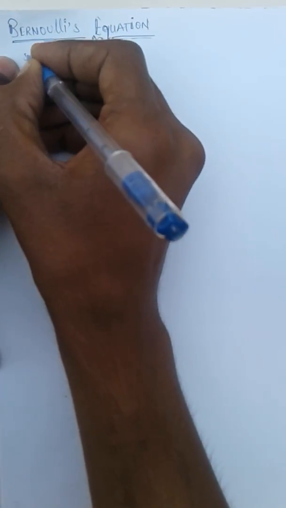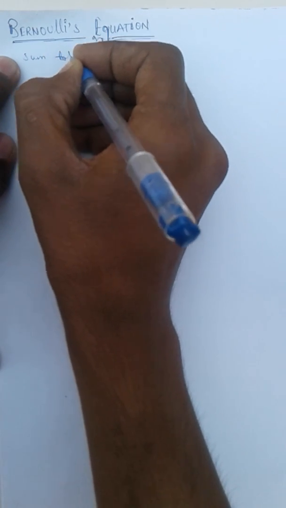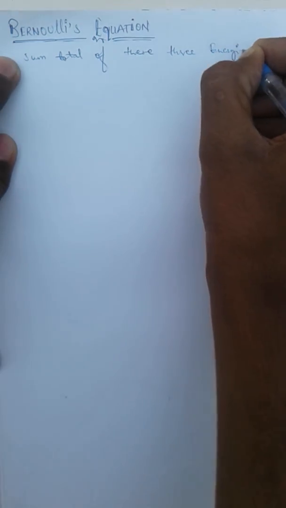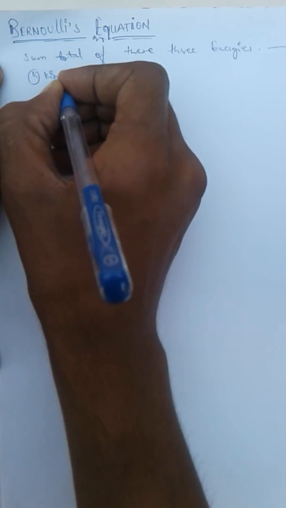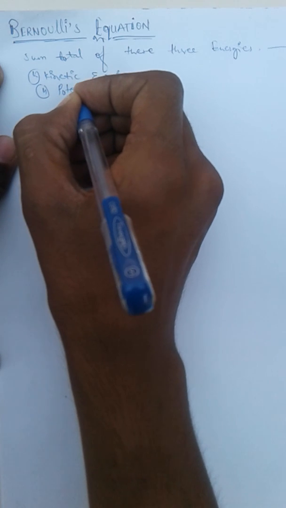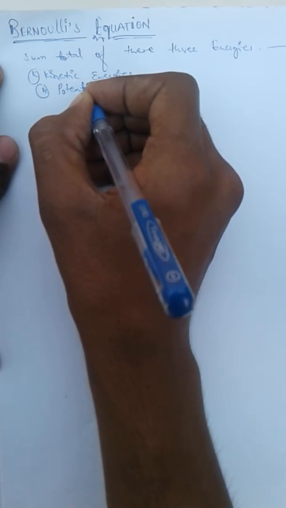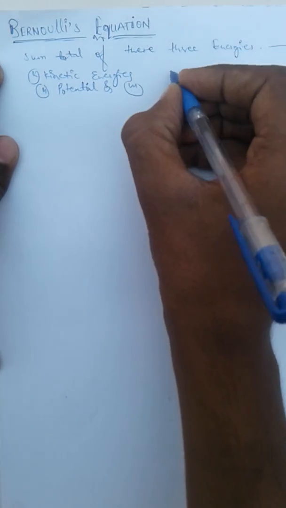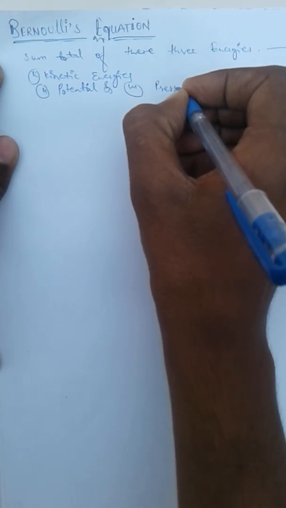Bernoulli equation is the sum or total of these three energies. Which energies? Kinetic energies, potential energies, and the third one is pressure energies.